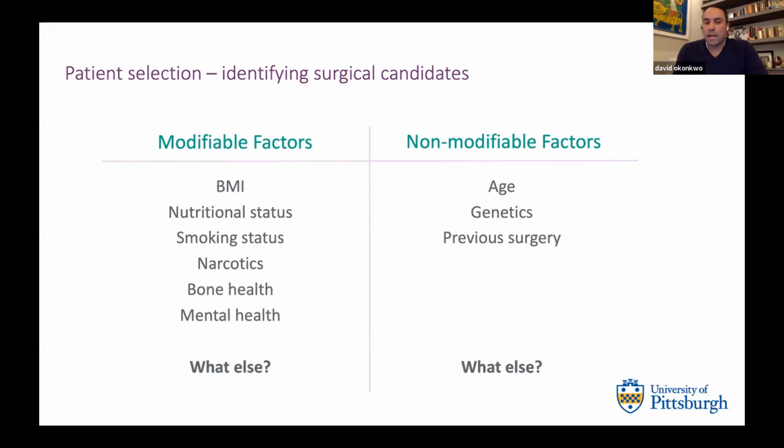And it has now become crystal clear that we are virtually the only country in the world that has this issue of widespread narcotic prescriptions. And so for us, so many of our patients are on narcotics before they ever meet us.